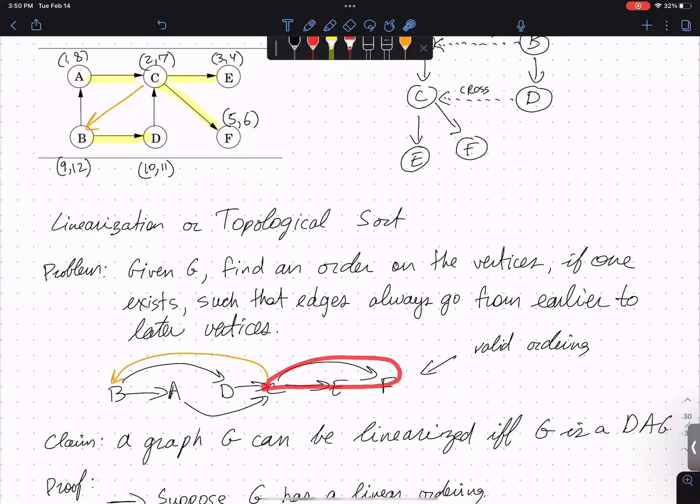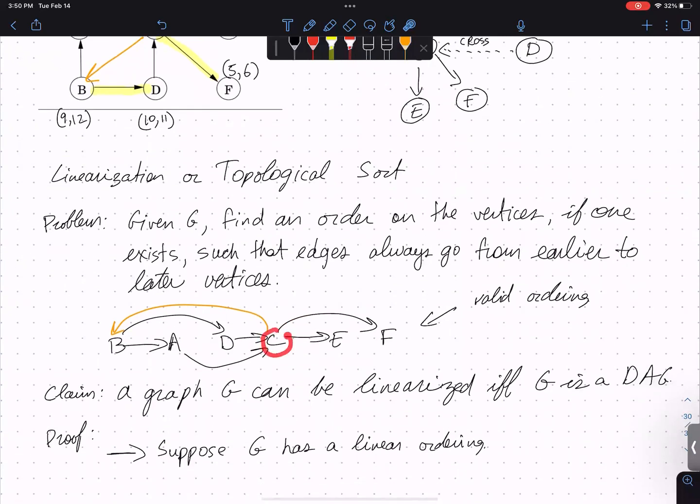So in order to write this down formally, we need to basically find the edge that's going backward, formally explain what that edge is and explain that it's going from right to left. So we need the first vertex, the leftmost vertex on the cycle. In my example, I need to find what that first vertex is.